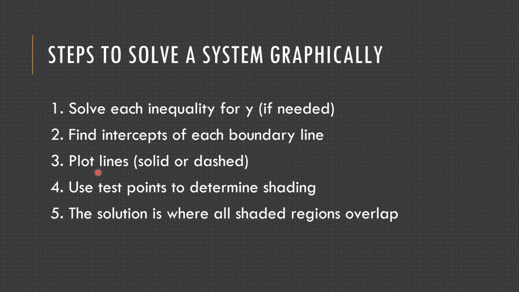You are going to take points from each respective space to test and see if such points satisfy all the inequalities. So the solution is where all shaded regions overlap, that means the solution where your test point satisfies all the inequalities. That's the meaning of the overlapping. It means that that particular space becomes your solution or your answer.